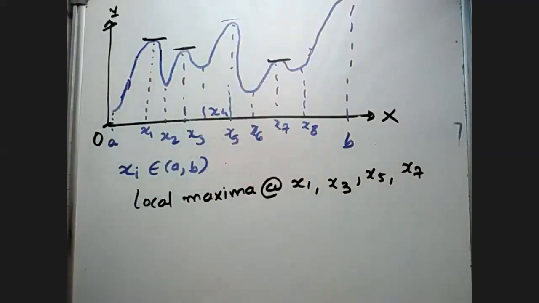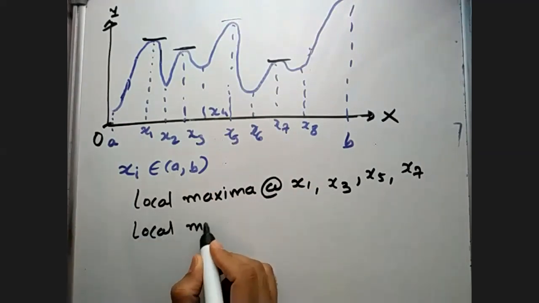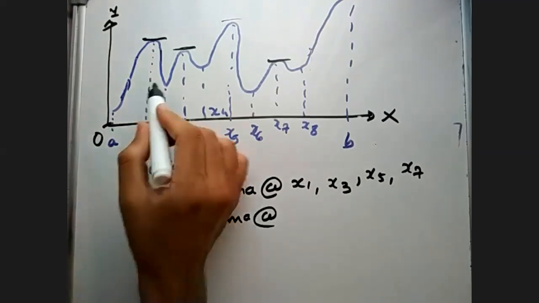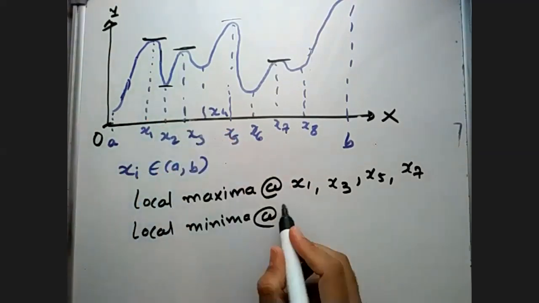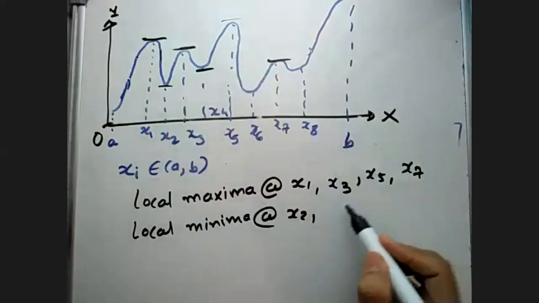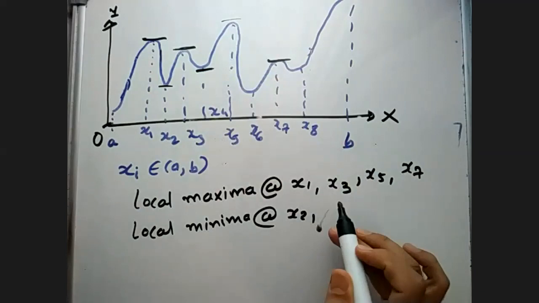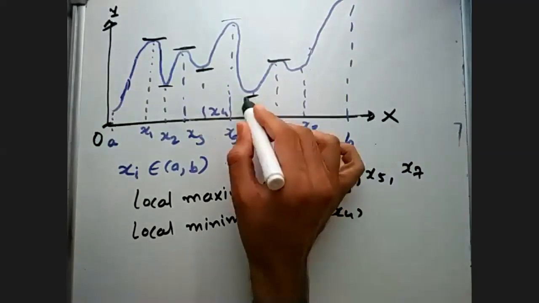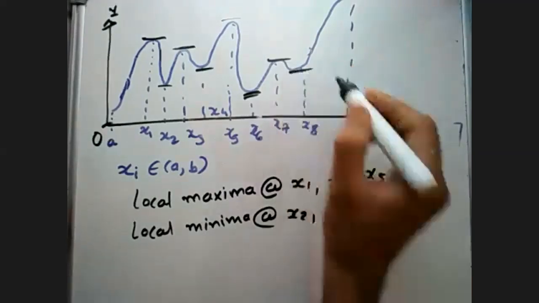Okay. Now local minima. So local minima will be at your x2, x4, x6, x8.